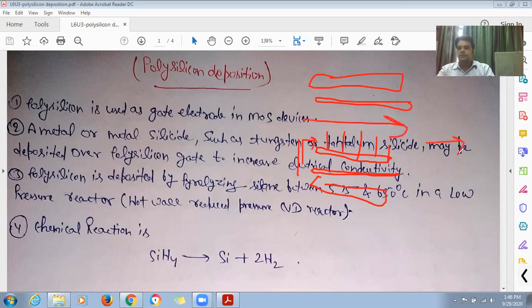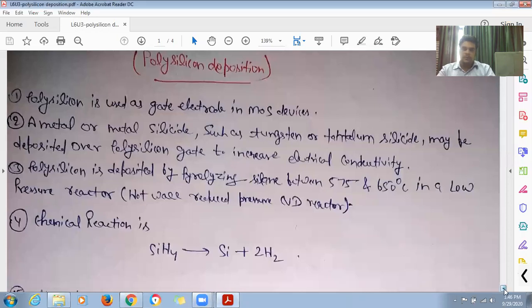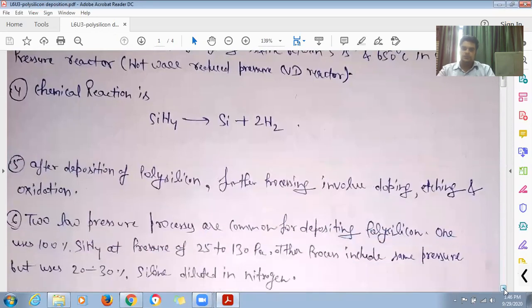This is the outlet. So gas flow is perpendicular to the surface of the wafer. The chemical reaction involved is very simple: silane is decomposed into silicon and hydrogen, and polysilicon is formed.